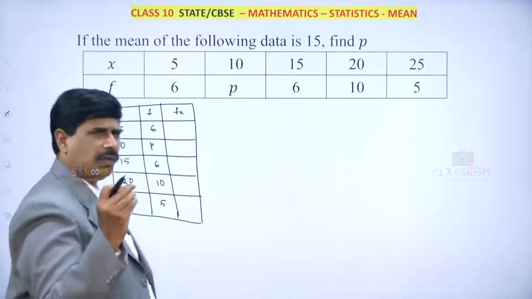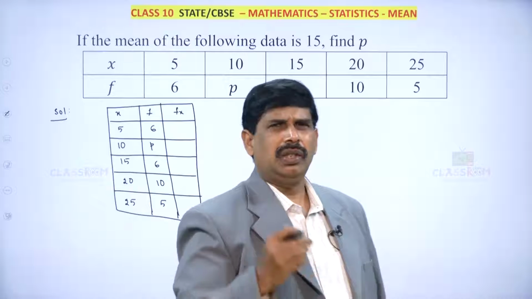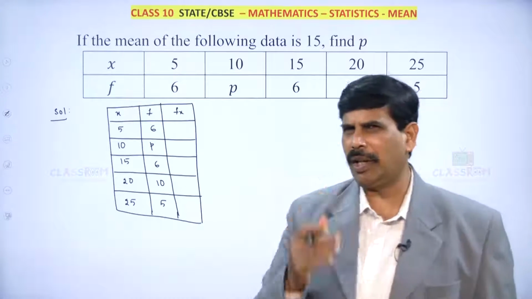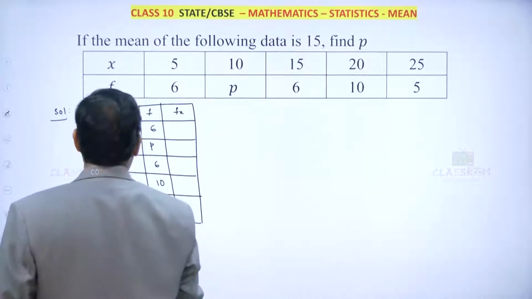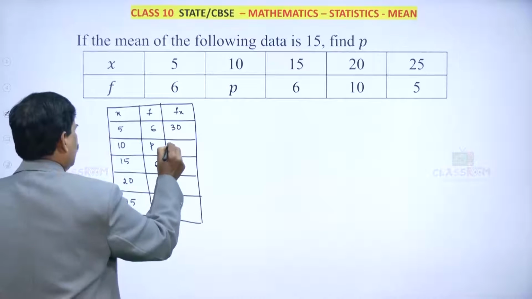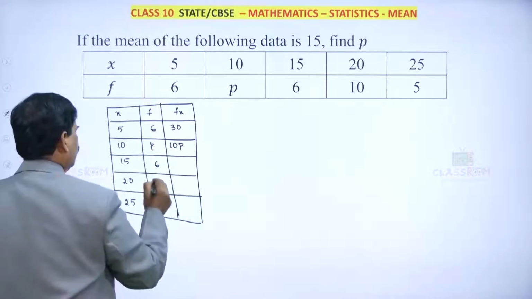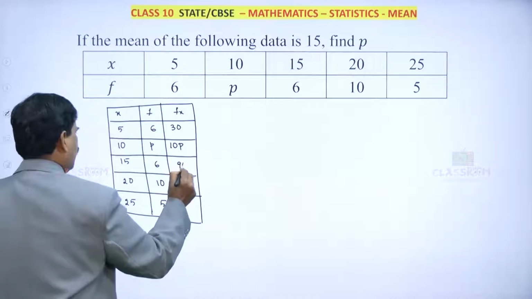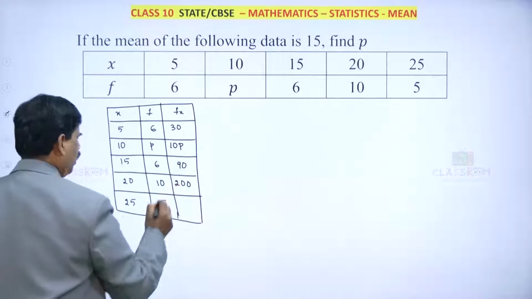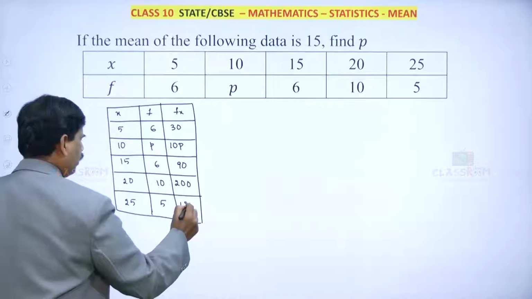See, though there is one frequency missed, you just go according to the procedure. What is the procedure now? 5 6s are 30. 10 into P is 10P. 15 6s are 90. 20 into 10 is 200. 25 5s are 125.